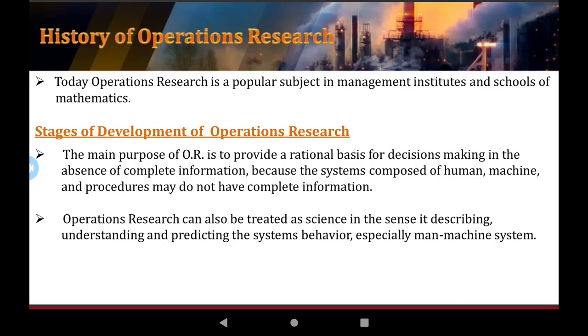The subject is very interesting for all postgraduate and graduate students to learn.